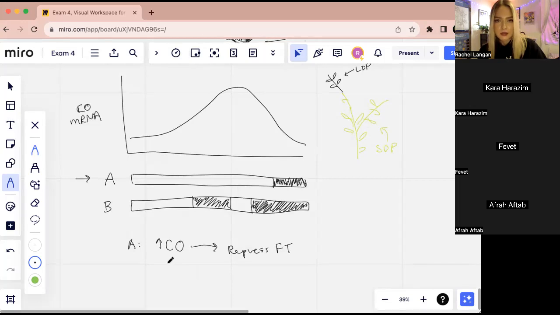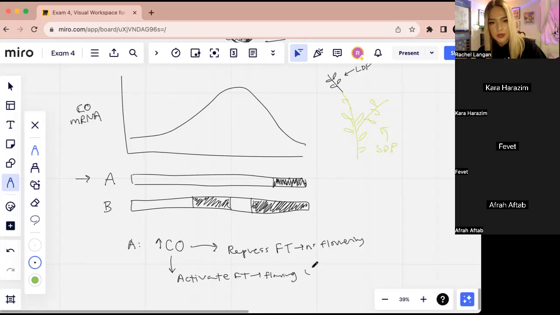In the little piece of long day plant, high amounts of CO is going to activate FT. So this would cause no flowering in the short day plant, but flowering in the long day plant.